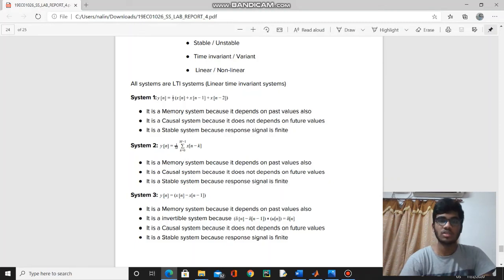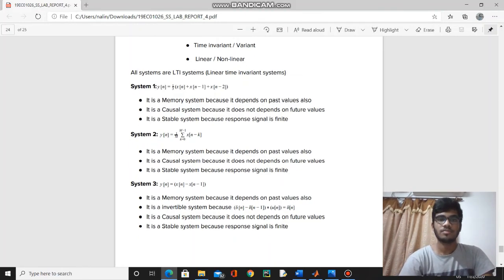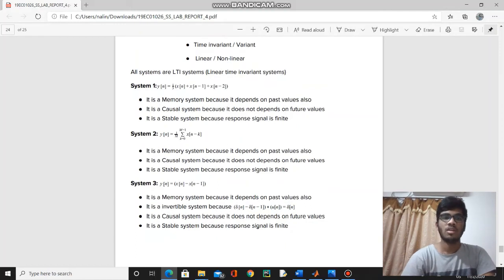Suppose for input signal x of t, the output of the system is y of t, and if the input signal x of t is delayed by a time T, then the output of the system should also be delayed by a time T. Then the system is said to be a time invariant system.